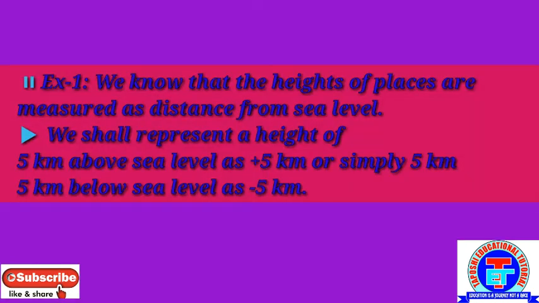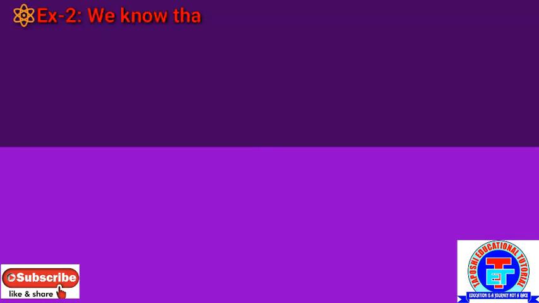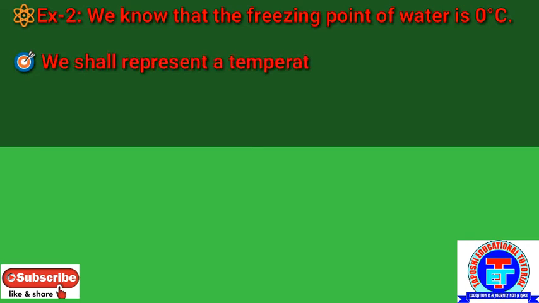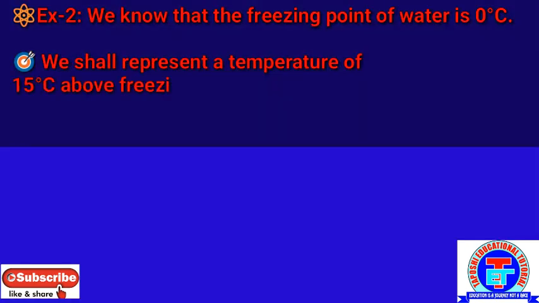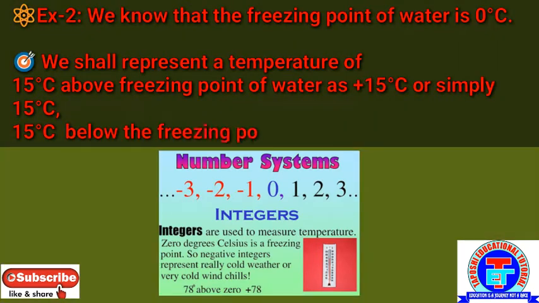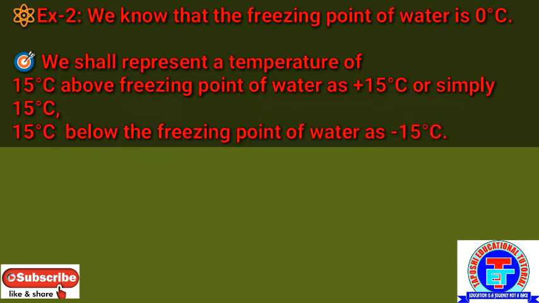Another example: we know that the freezing point of water is 0 degree centigrade. We shall represent a temperature of 15 degrees centigrade above the freezing point of water as plus 15 degrees centigrade, or simply 15 degrees centigrade.